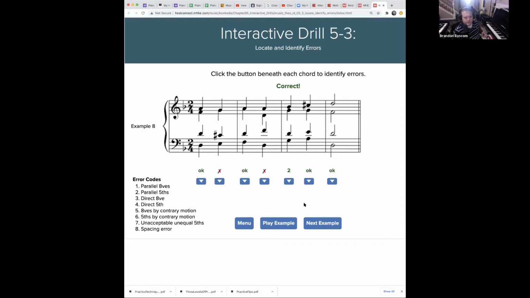Where is it? In the bass and tenor. Yes. No. How is that a 2?